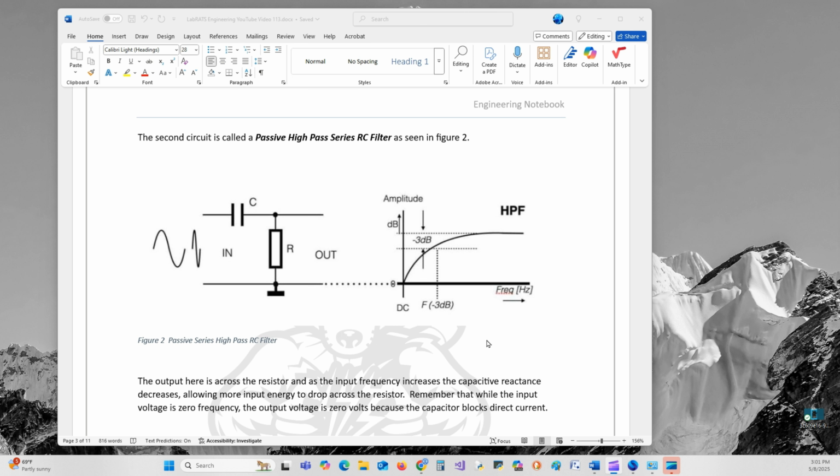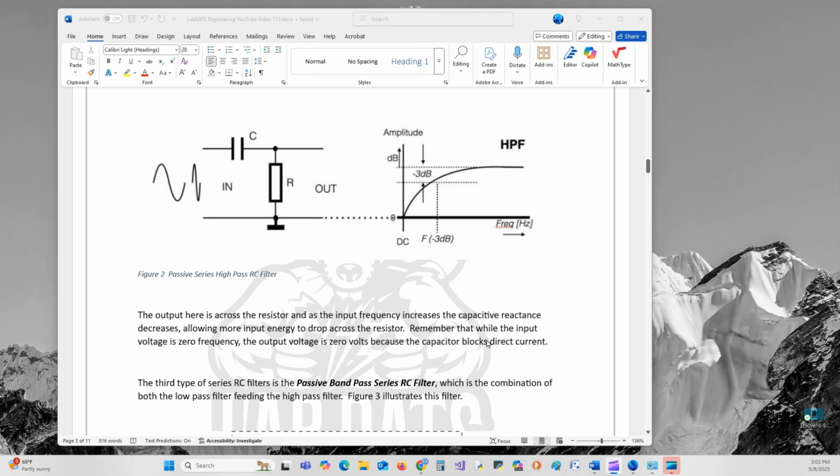Now remember that the output here is across the resistor, and as the input frequency increases, the capacitive reactance decreases, allowing more input energy to drop across the resistor. Remember that while the input frequency is 0, the output voltage is 0 volts because the capacitor blocks direct current and only has displacement current, as we discussed in two videos before.